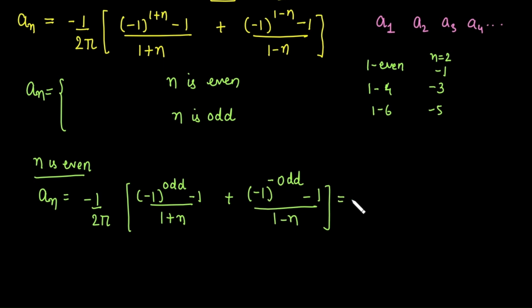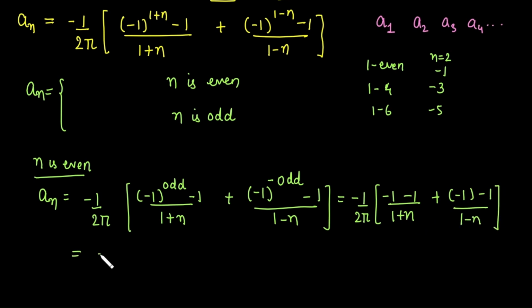So we can write this as equal to minus 1 upon 2 pi, minus 1 upon 1 plus n plus minus 1 upon 1 minus n. This is equal to minus 1 upon 2 pi, minus 2 upon 1 plus n plus minus 2 upon 1 minus n.